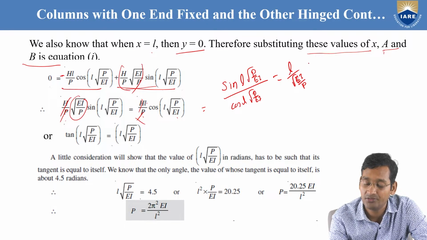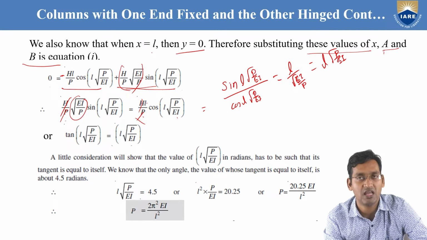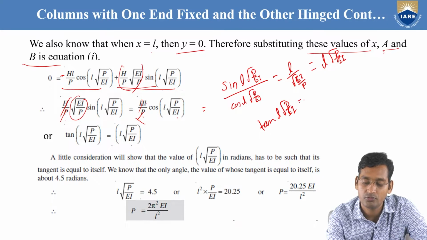This we can write as L root p by EI. Sin theta by cos theta is tan theta. So we can write this as tan L root p by EI equals L root p by EI.